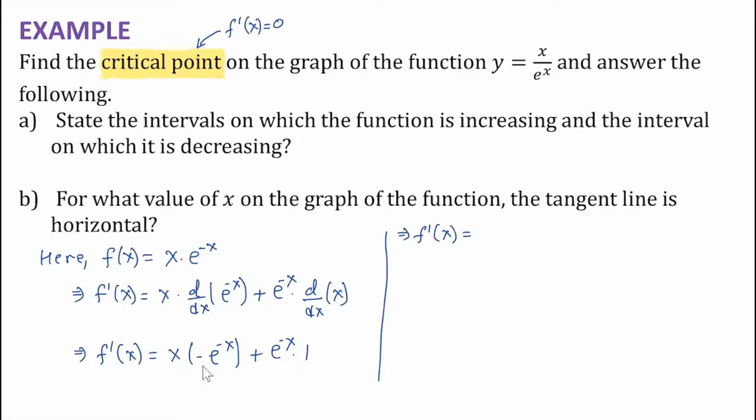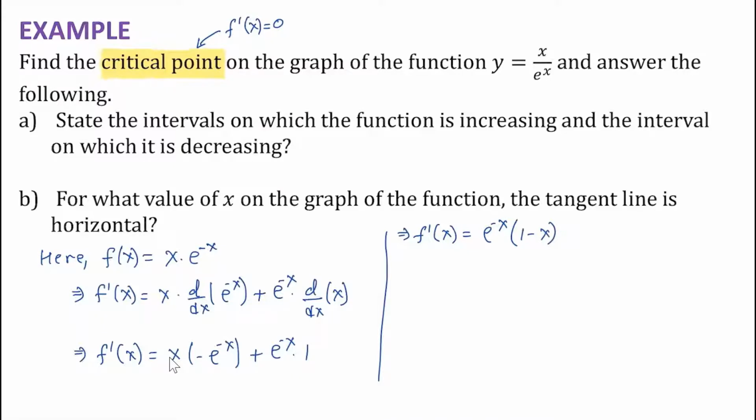In both terms e to the negative x is common, so we can factor it out. When you factor e to the negative x out, you have 1 here, and here you have negative x. So 1 minus x.